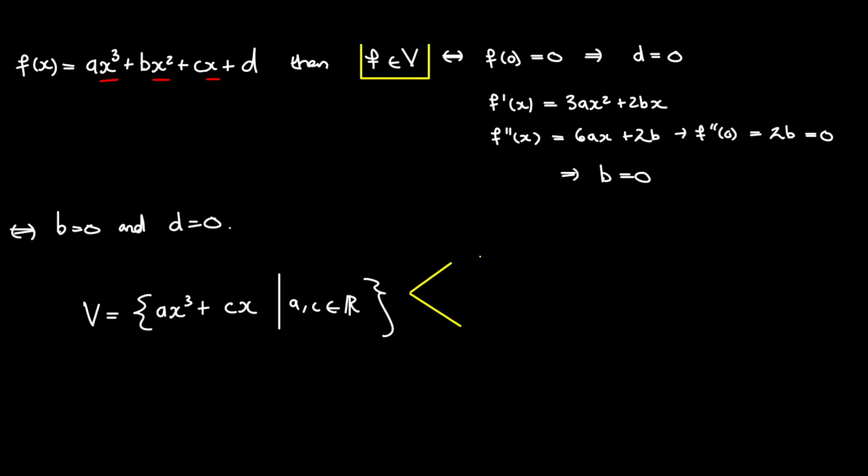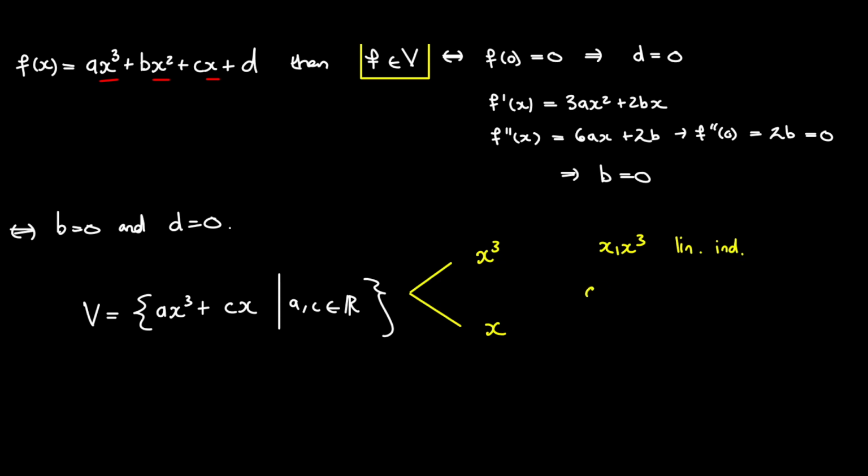If I take my function x cubed, so the case a equal to 1, and I take my function x, these are two functions which have an inflection point at the origin. But they also have another important property: x and x cubed are linearly independent. And why is that? Well, for a very simple reason.